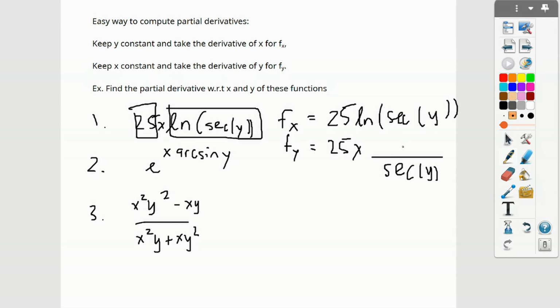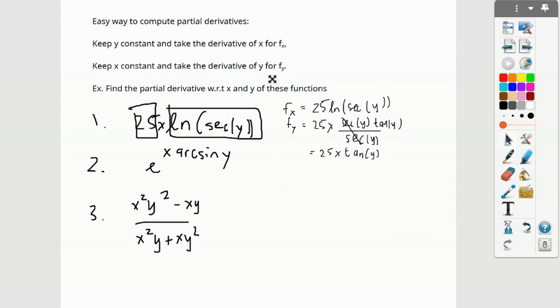What is the derivative of secant y with respect to y? That is secant y times tan y. So we can cross that off, and that will give you 25x times the tangent of y. And that is the right answer.